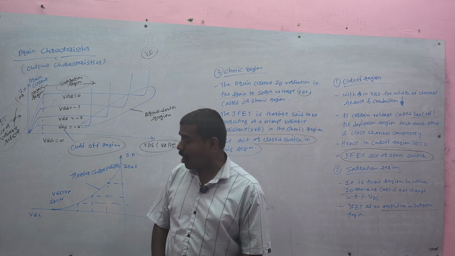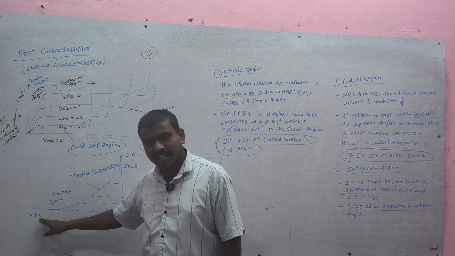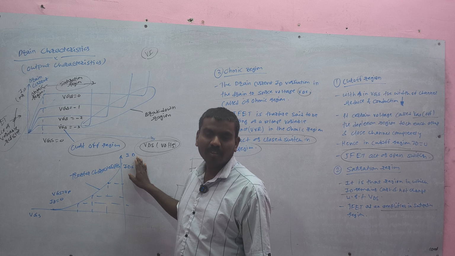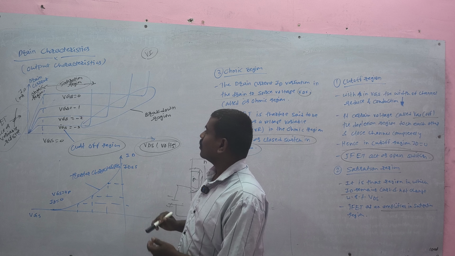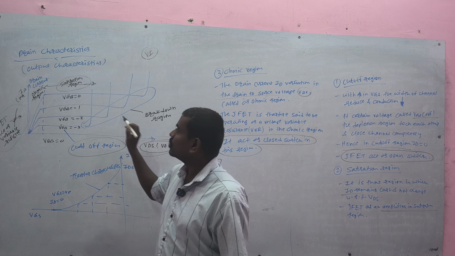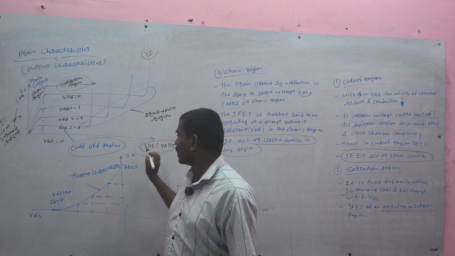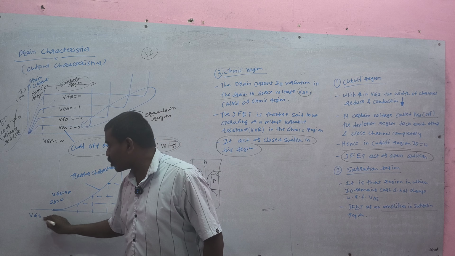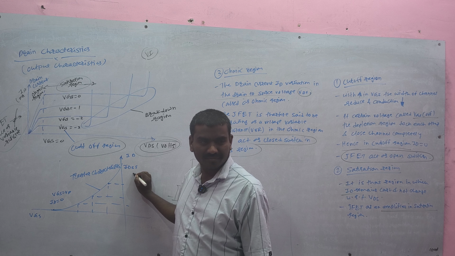This characteristic is drawn between VGS, the gate to source voltage, and drain current. Here the characteristic is drawn between VGS and ID; earlier it was VDS, drain to source voltage, with respect to ID.